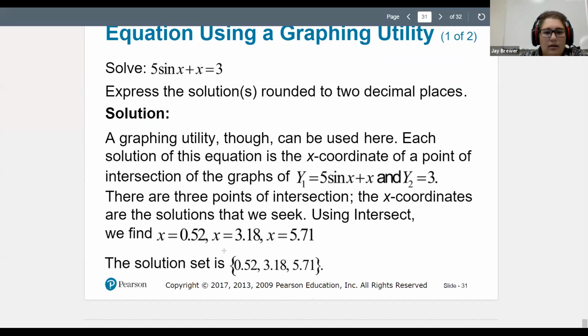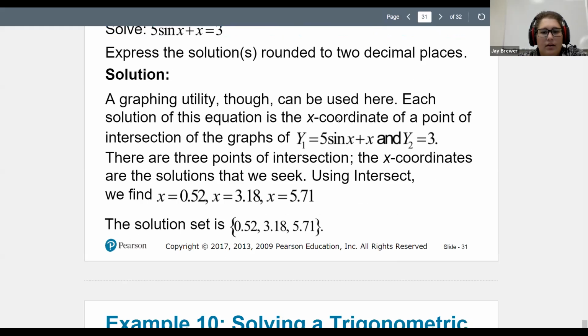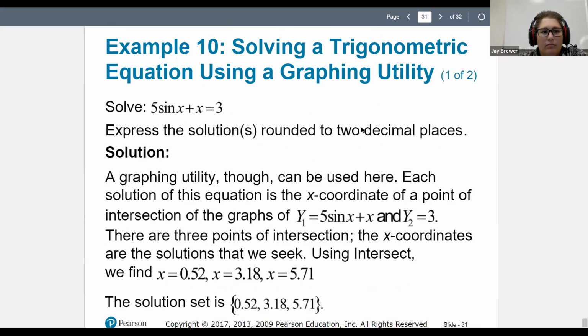All right. If you didn't believe the slide, what could we go do? We could go plug both of these equations into what?